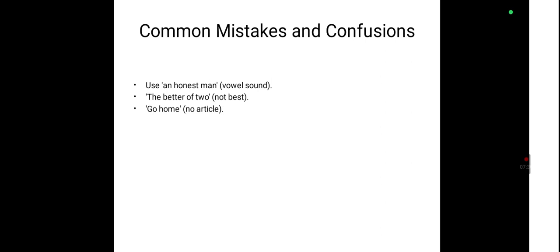The better of the two: the is used before the comparative of the two, which means we should not say the best of the two. And go home: go home means we should not use an article before home. So I can say I can go home, like this.